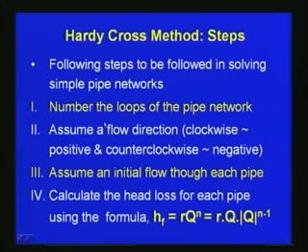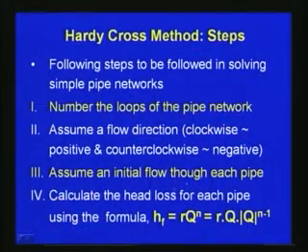So, for the given network we assume a flow direction, since we do not know which direction the flow is going, and we also assume some initial flow through each pipe. Then we can consider each loop, and for the given loop we can calculate the head loss for each pipe using the formula hf = R q^n, where R is a function of the fluid flowing through the pipe and the pipe material.